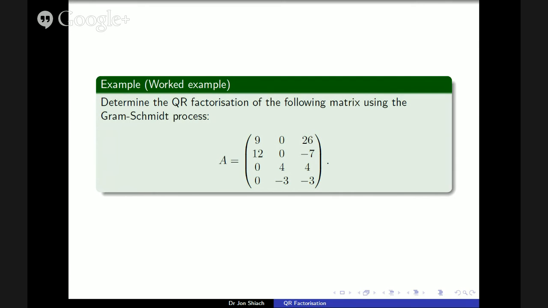Actually, I'd better write it out in 4. So 10 times E1, which is 3/5, 4/5, 0, 0, minus 5 times E2, which is 0, 0, 4/5, minus 3/5.